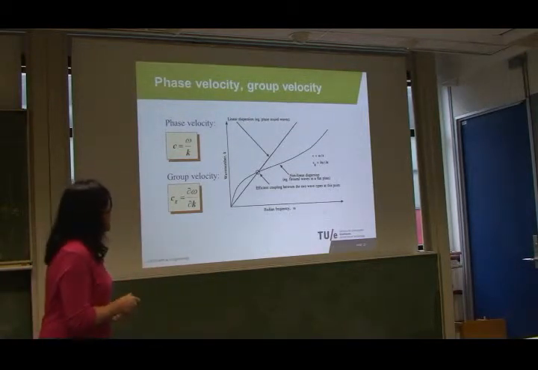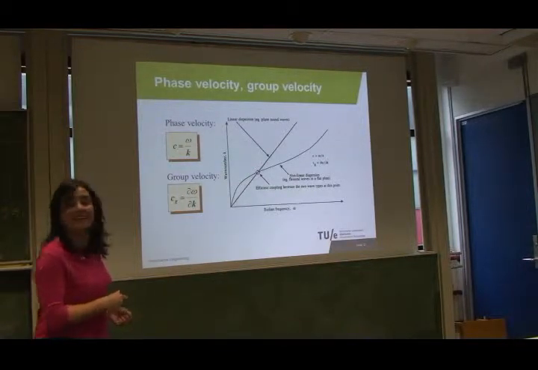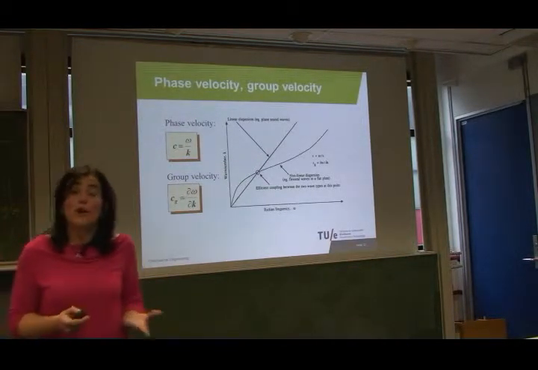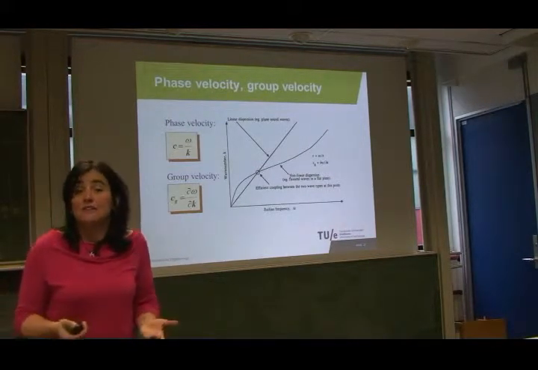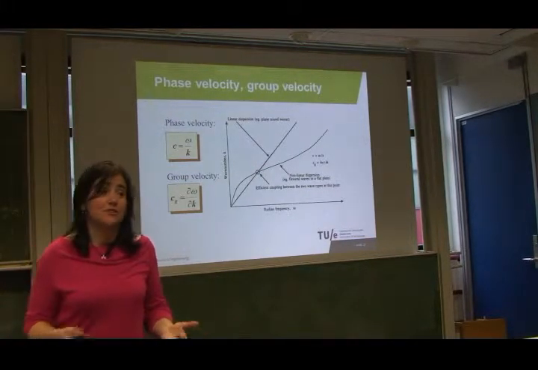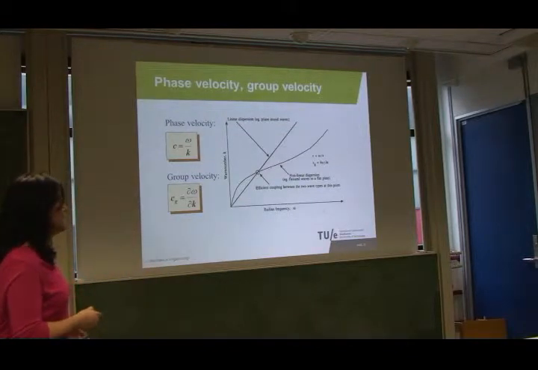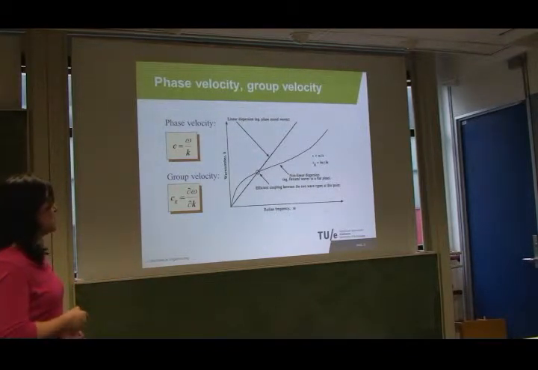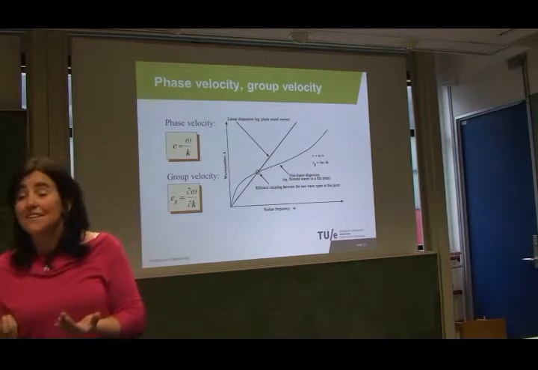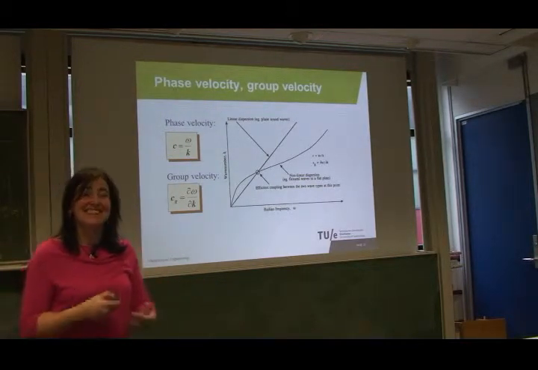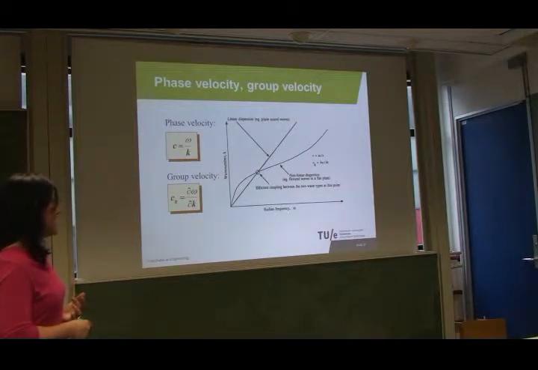In this dispersion plot, we see this line that corresponds to waves with a constant wave speed. Those waves are the acoustic waves. So they have a constant wave speed, so the relationship between frequency and wave number is a line. For bending waves, it's dependent on frequency, and it will have a shape like this.